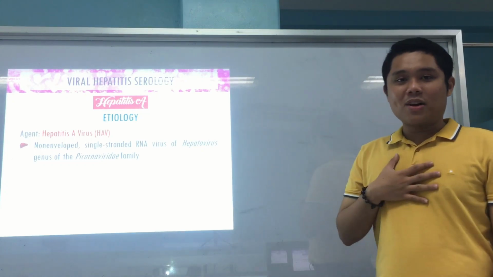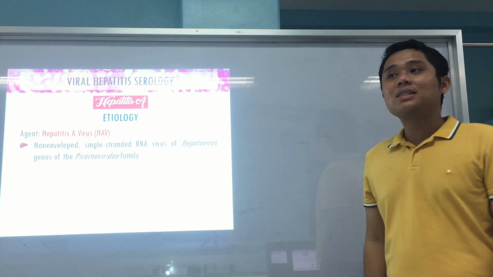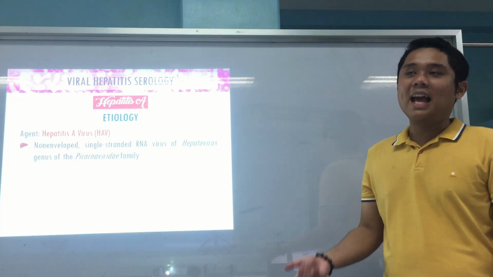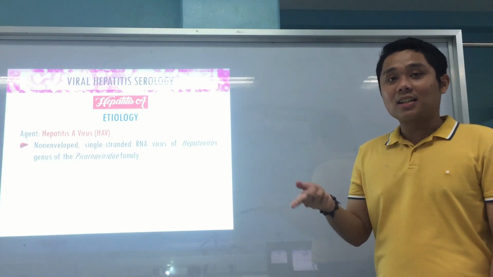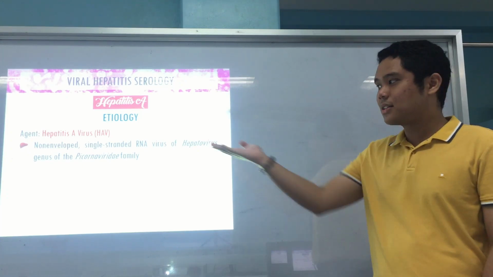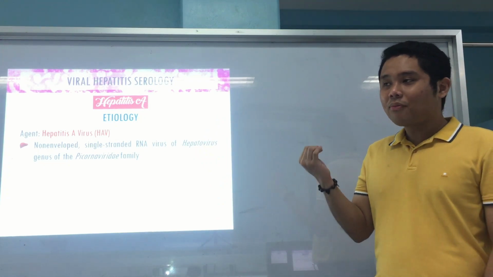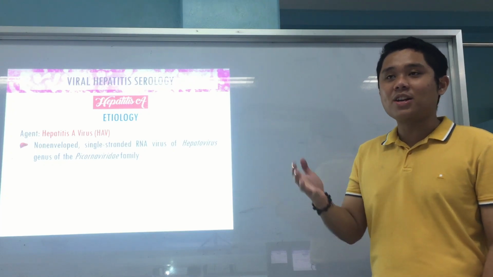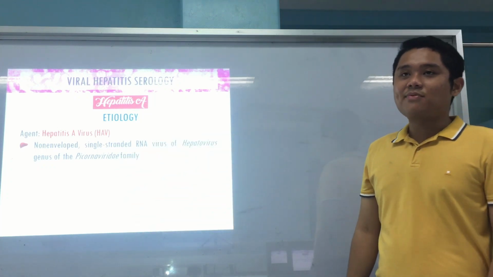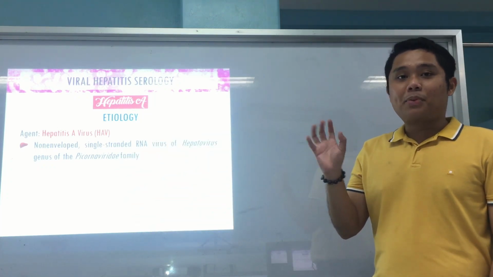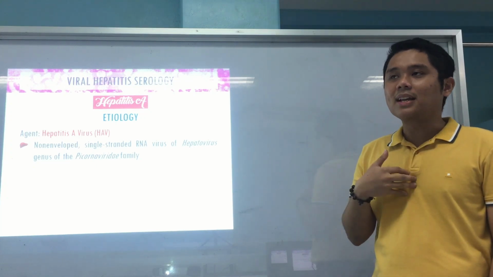So, I pronounce it differently, or maybe you pronounce it that way, so good. But before, when I was still a third-year student, I pronounced it as picorna viridae family. But then Sir Jamu, my idol, taught us how he pronounced it, and that is picoRNA viridae family. So it makes much more sense, okay? Because when you pronounce it, I already know it's an RNA virus since it's in the name. And pico is like a prefix to indicate size, 10 to the negative 15, if I'm not mistaken.